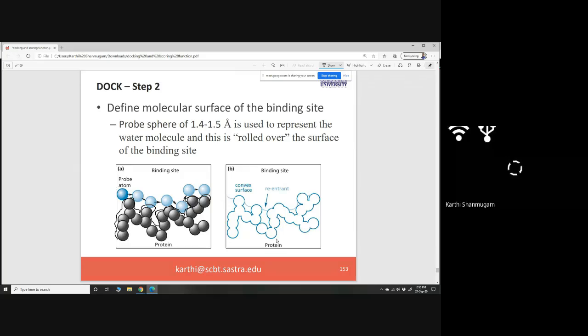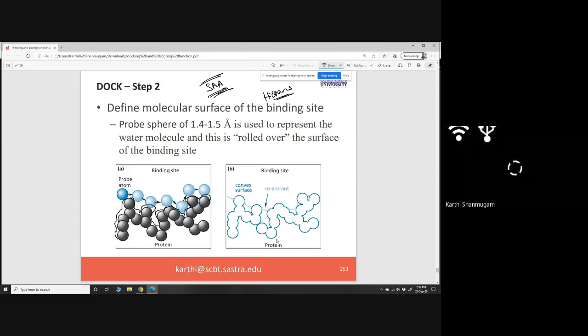And as she said, we have to calculate the solvent accessible area. Using this calculation, we can predict the exact binding site. That is what somebody already told us, the hydrophobic pocket. The hydrophobic pocket can be found with the help of this solvent accessible surface area calculation.